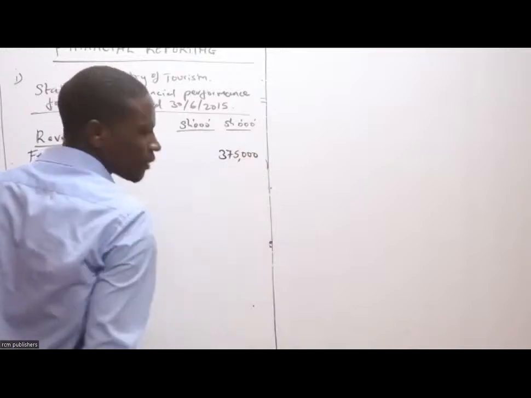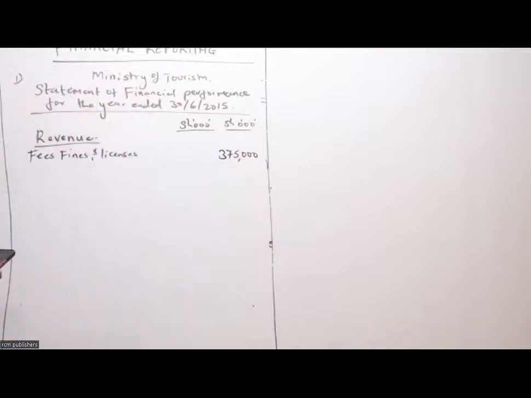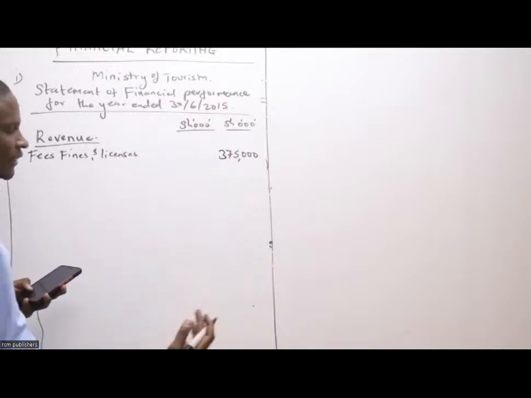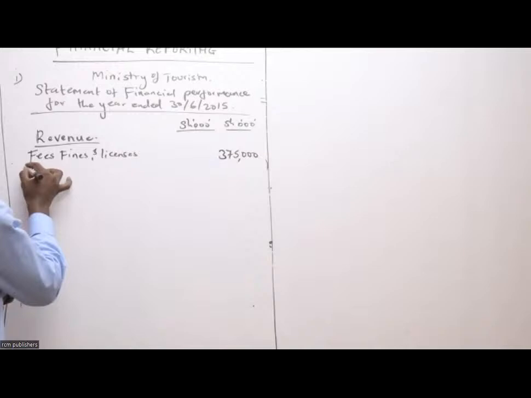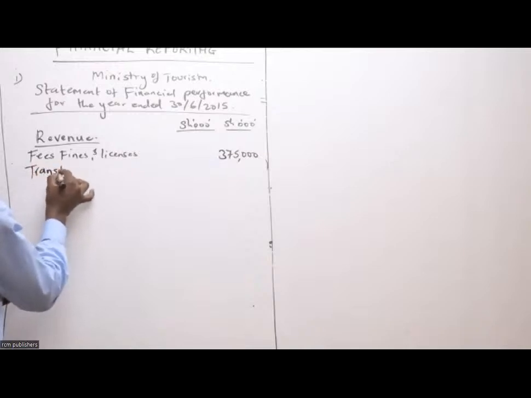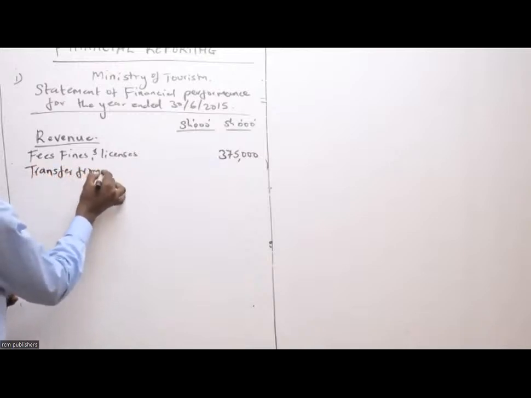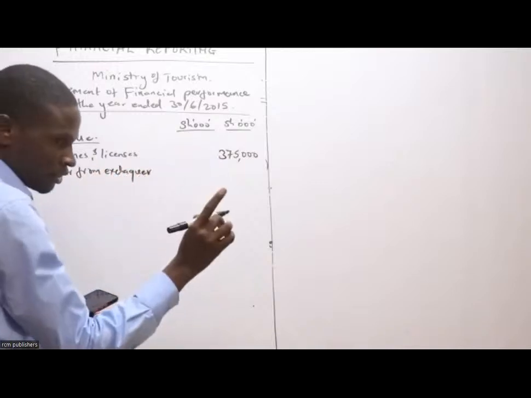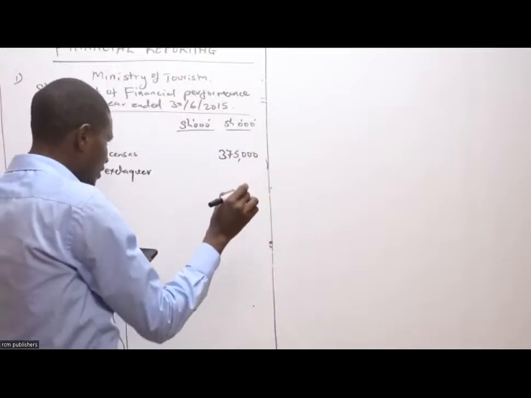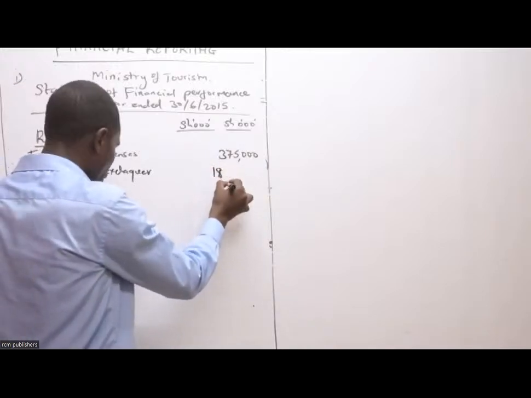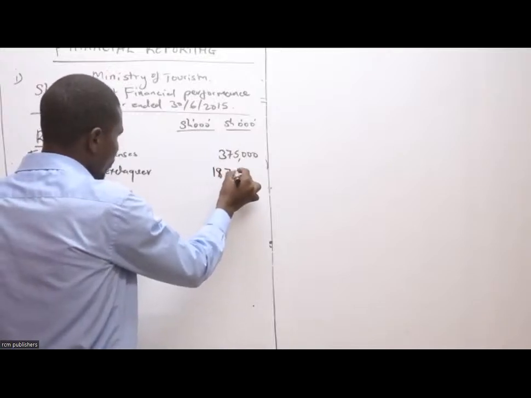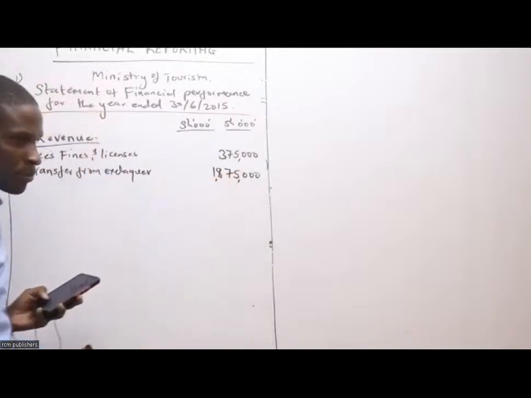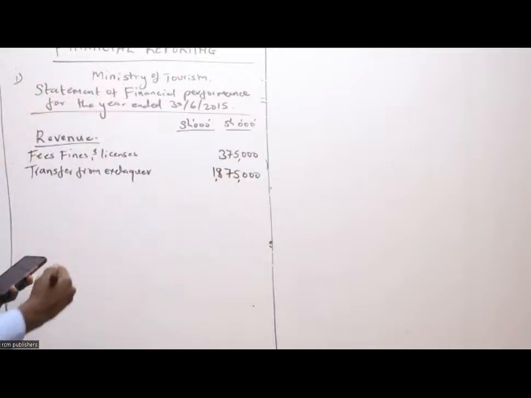Above it, I have transfer from exchequer. If I hear from, that is a revenue. Transfer from exchequer. What amount is it? Help me know whether the amount I put is correct. Please help me to cross check.